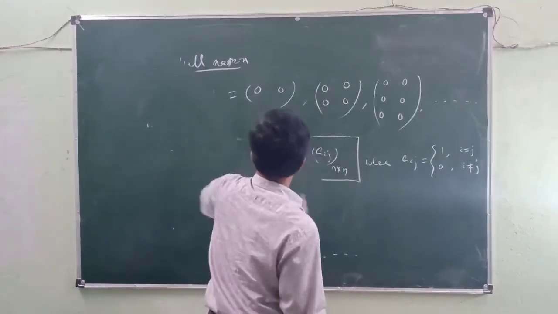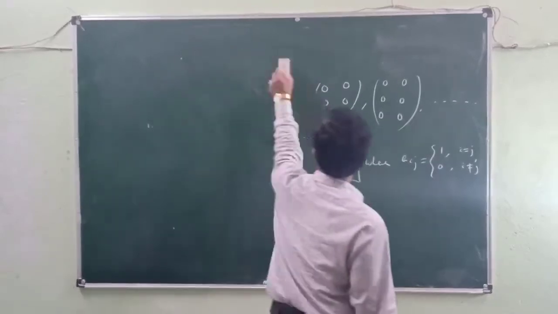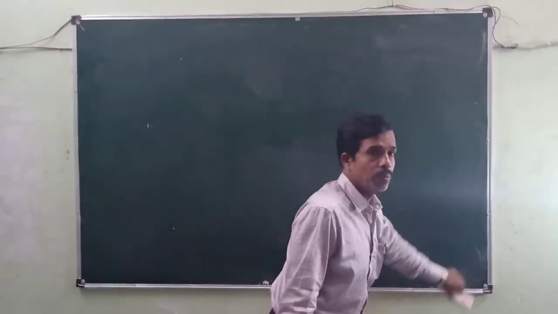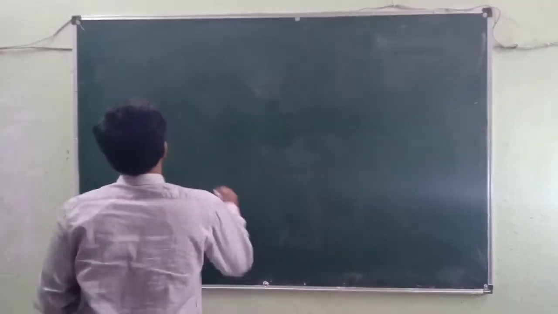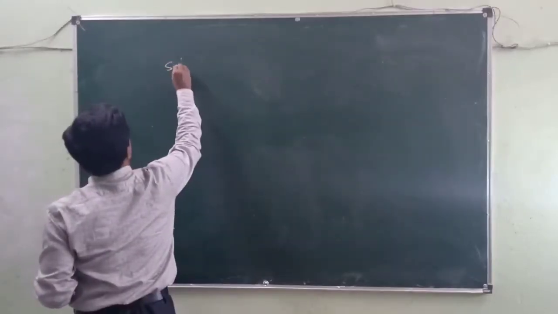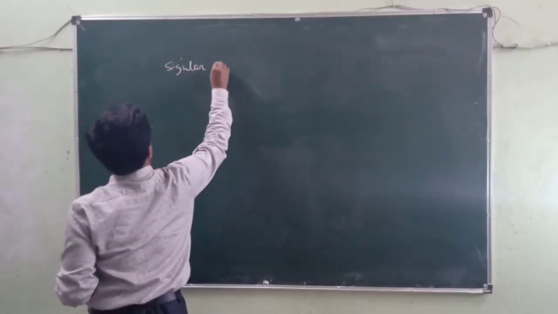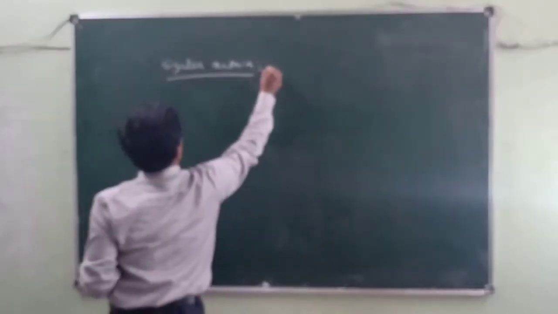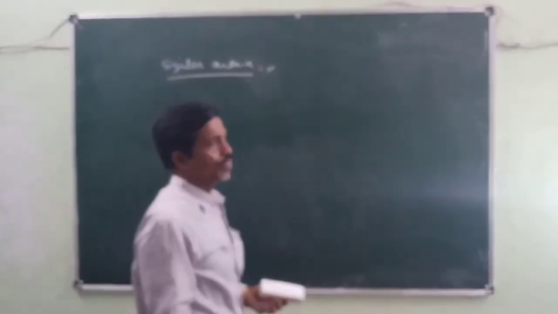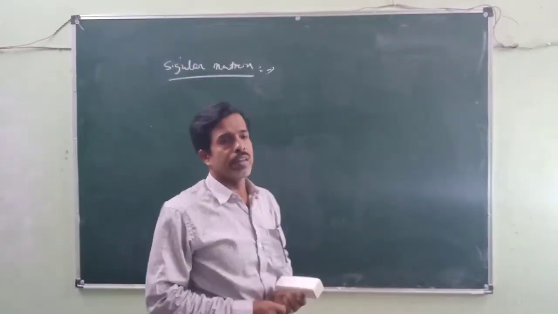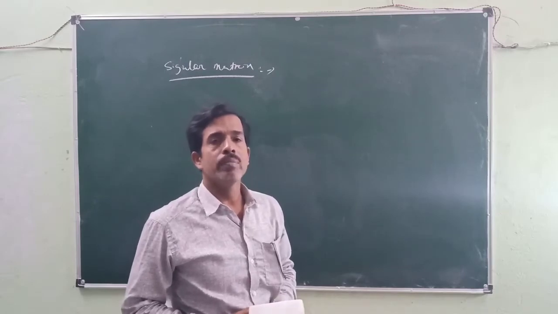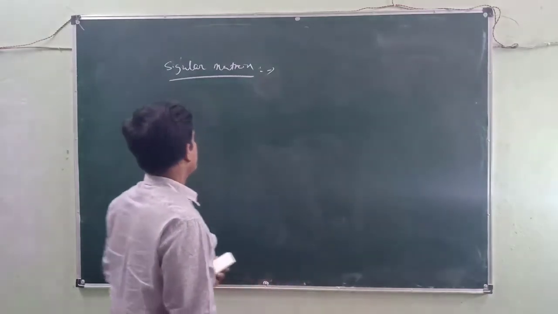Now, a square matrix means the number of rows equals the number of columns. Then the singular matrix. Any square matrix we call singular when its determinant is 0.